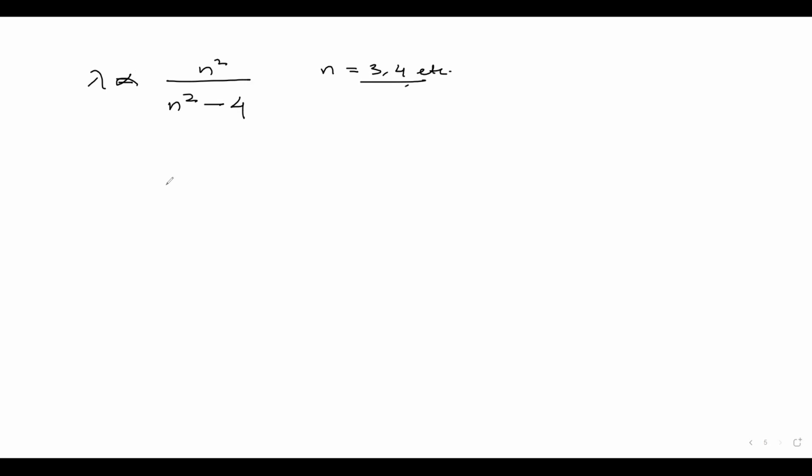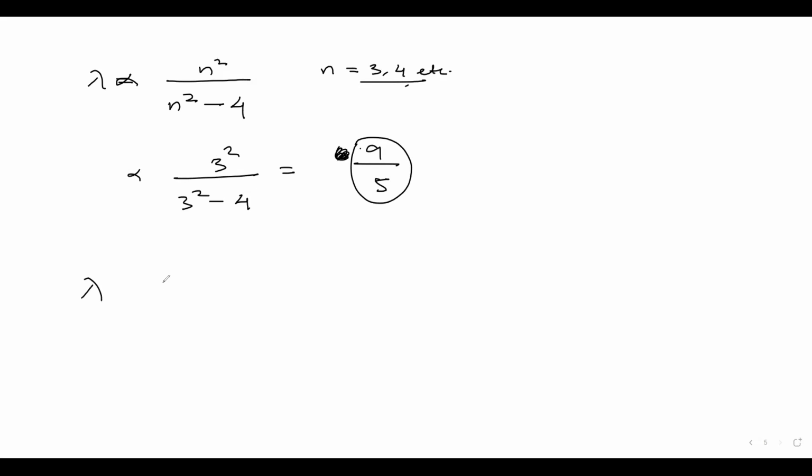Now if you put n is equal to 3, then it is 3 square upon 3 square minus 4, which is equal to 9 divided by 5. Just remember this number, 9 divided by 5.